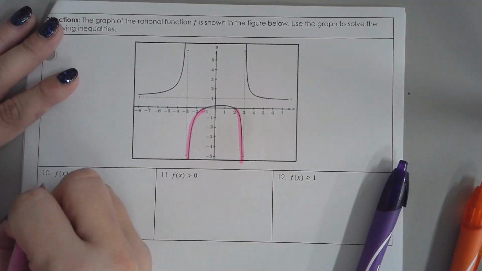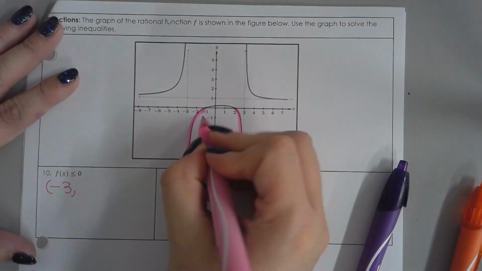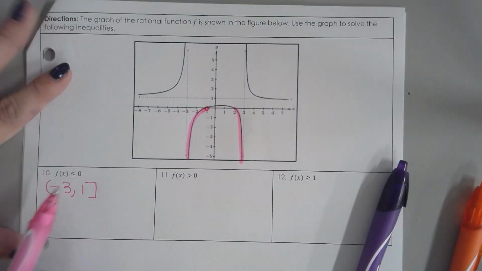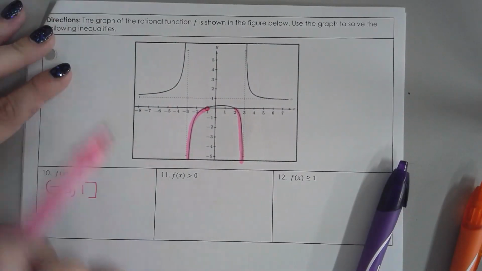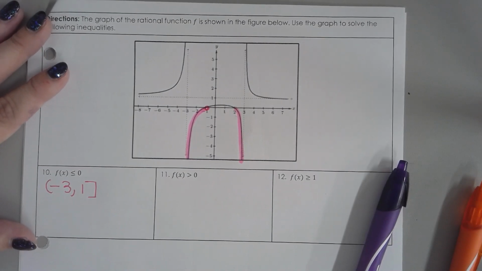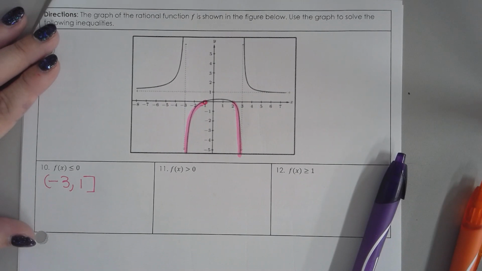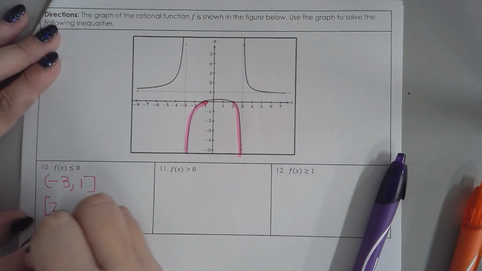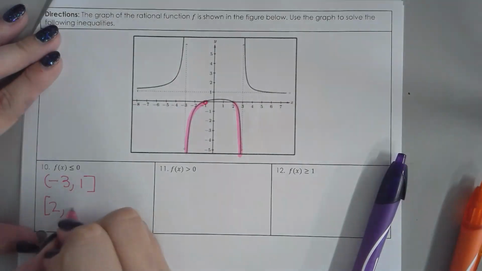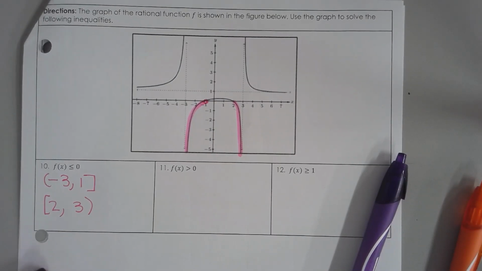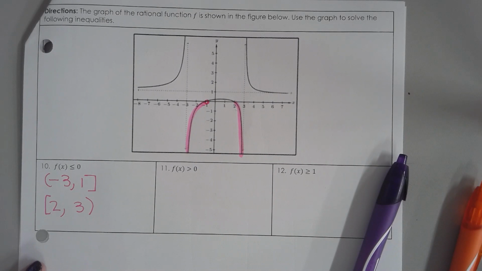So I would have negative 3 to stop there at 1. And that negative 3 is going to get a parenthesis because it's an asymptote. It's not actually included. I don't know how picky they would be. I would think not that picky. And then from 2 until it hits this asymptote at positive 3. So that's where it's less than or equal to 0, below the x-axis.